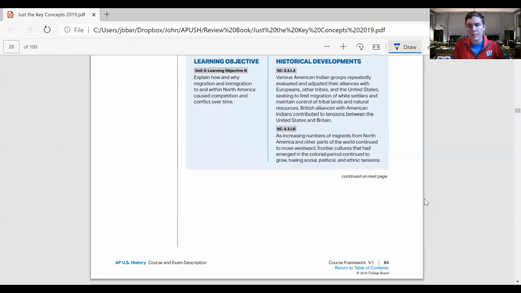movement. As more Americans are moving further west, it's going to lead to more conflict between Americans and the Native Americans who are there. There's going to be conflict between the United States and the Shawnees, between the Iroquois, between the Miami and Ohio.